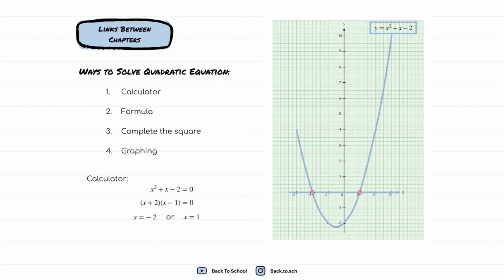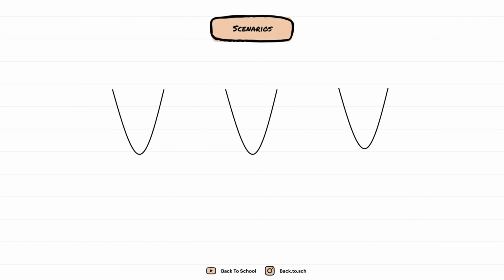Now, at this stage, after understanding this, you will ask me, how does all of this relate to discriminant? Well, discriminant is basically a way to examine how a curve and a line will meet.